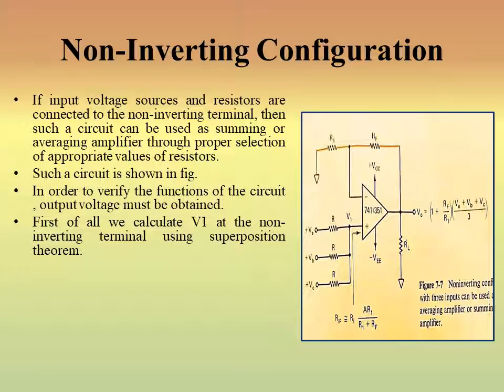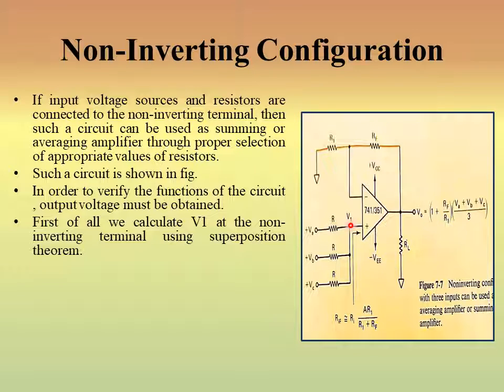In order to calculate the output voltage, first of all we will be required to calculate V1. V1 is the input voltage that is going inside the operational amplifier, and all three input voltages meet at this point V1. So this is node V1.